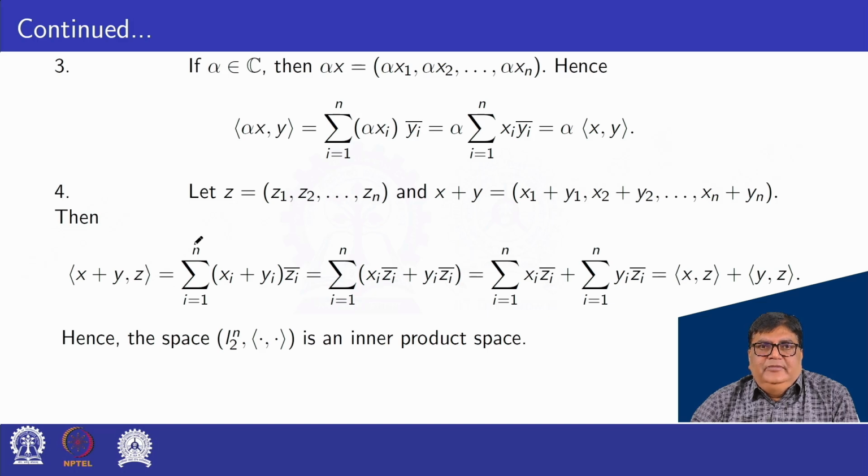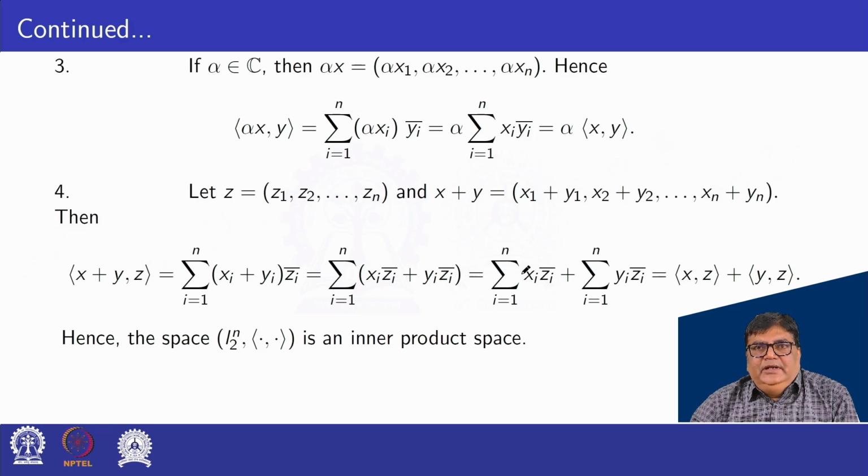As per the statement, we can write the summation i equals 1 to n of xi plus yi into zi bar, equal to the summation i equals 1 to n of xi zi bar plus yi zi bar. This can be written in two terms: the summation i equals 1 to n of xi zi bar plus the summation i equals 1 to n of yi zi bar.